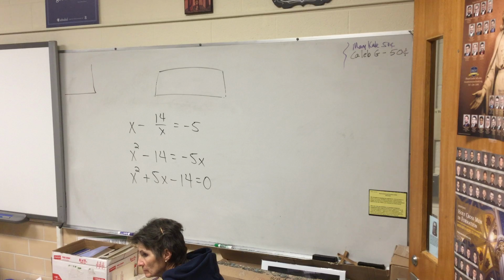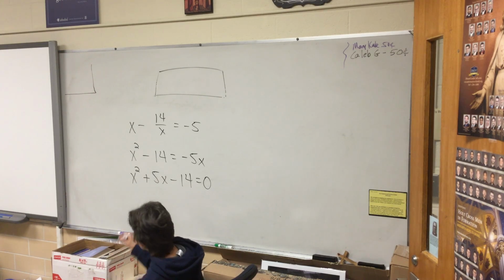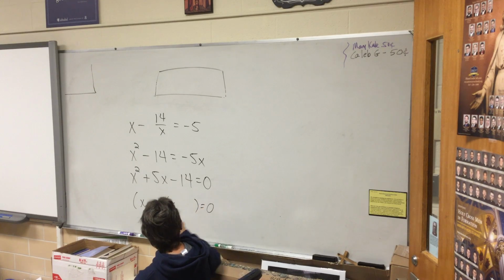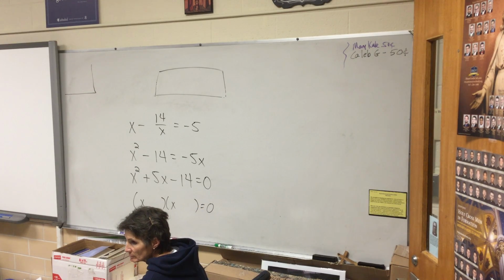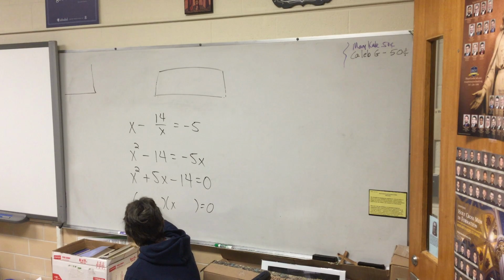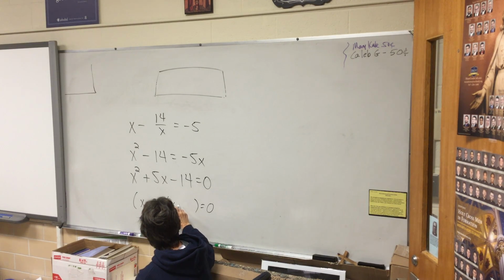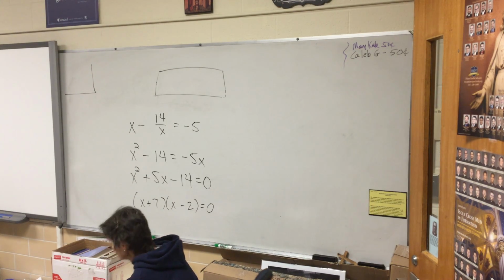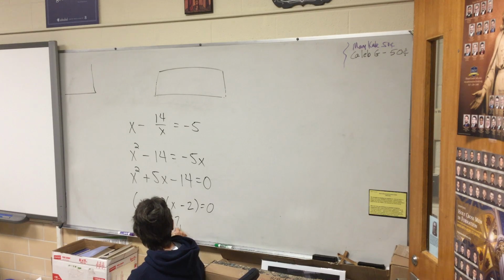So then when you factor, you have a negative 14, so it would be plus 7. So it factors down to x plus 7, x minus 2. And then you have negative 7 and positive 2.